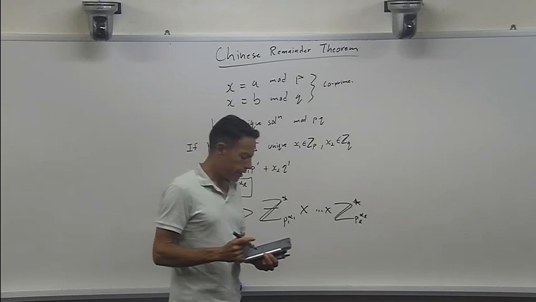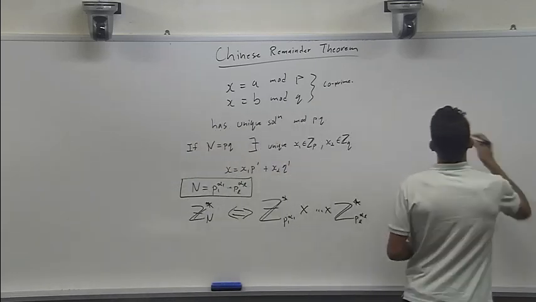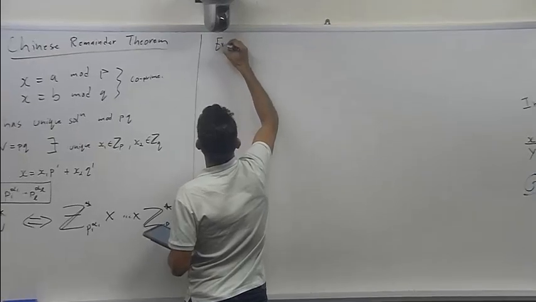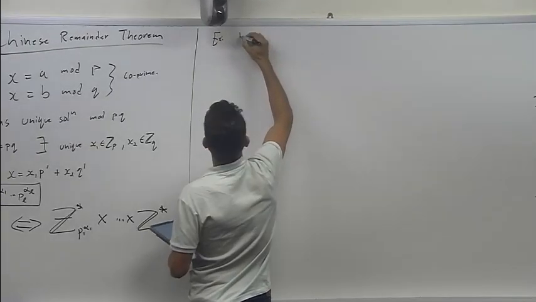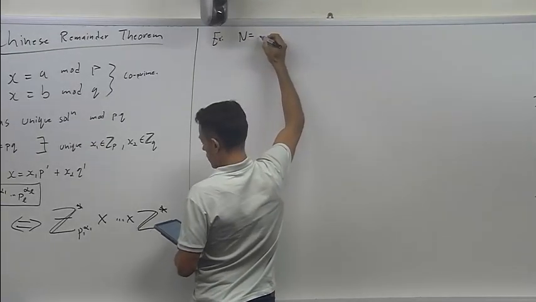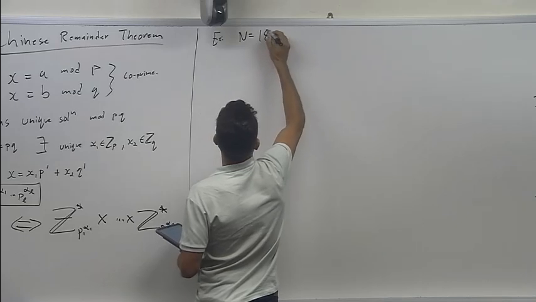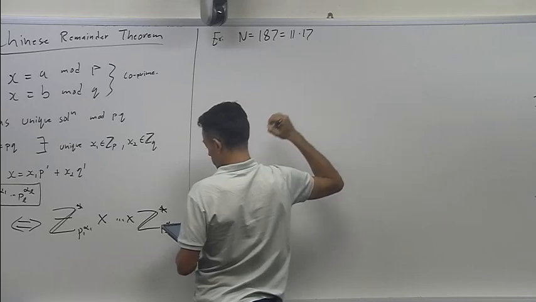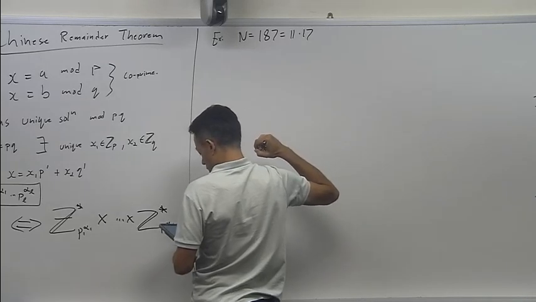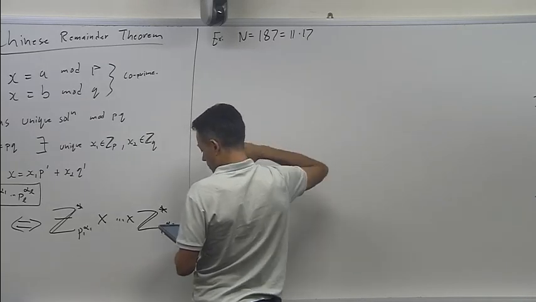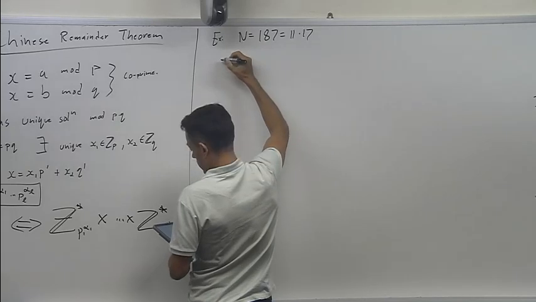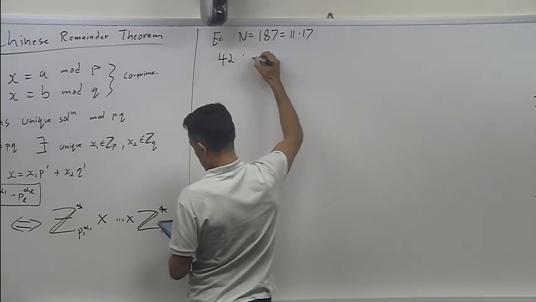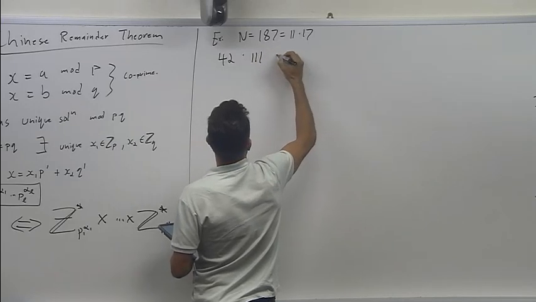To give you a quick example, we take n to be 187, which just happens to be 11 times 17. And let's say we wanted to find out what is 42 times 111.